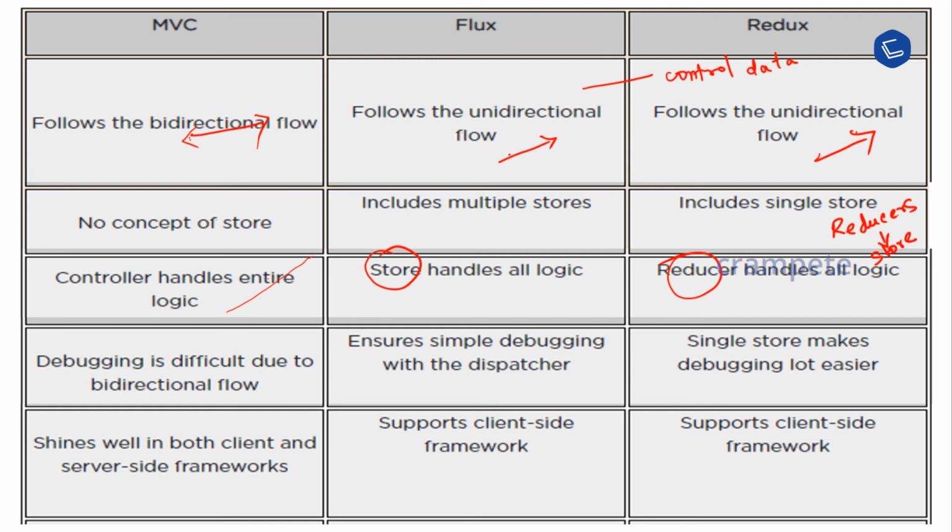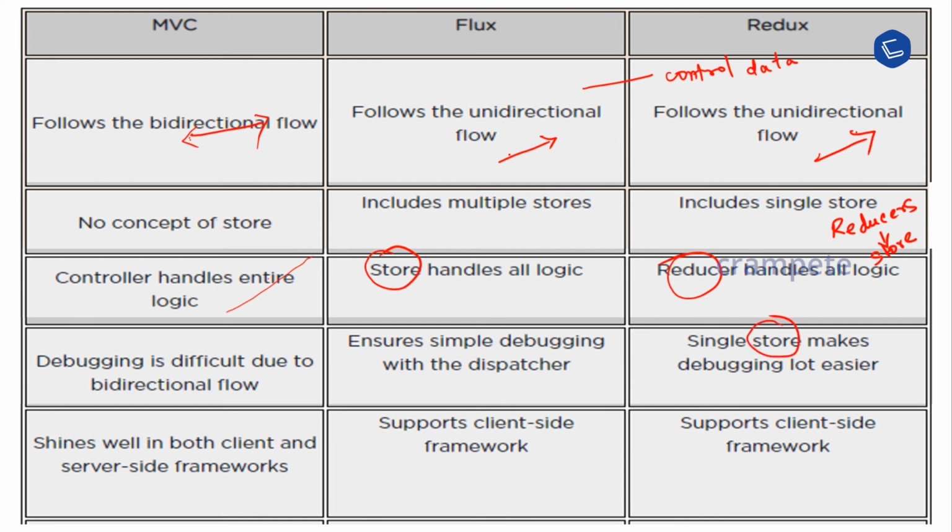Instead, the single store, that is the centralized hub store, makes debugging much easier. In Redux, it is a lot easier to manage data and debug because the state of your entire application is maintained within this global store.